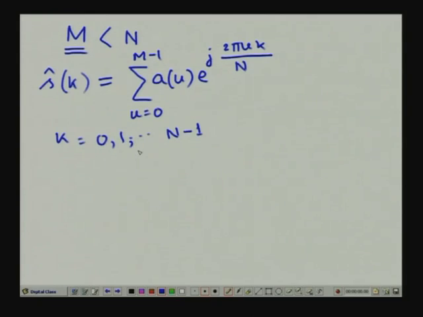So, you find that though we are taking fewer DFT coefficients or fewer Fourier descriptors for reconstruction of our original boundary points, the number of boundary points which are being reconstructed will remain the same. But what we will lose is some details of the boundary.